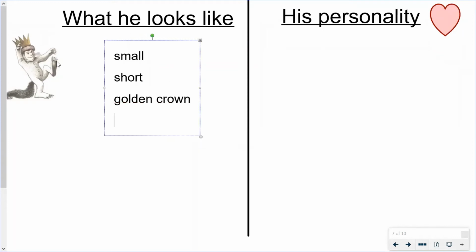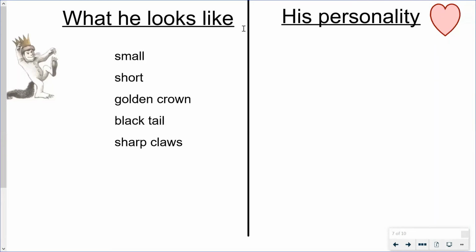Then he has a black tail. Well done. He has some sharp claws. Can you think of any other adjectives to describe his appearance? Fantastic.